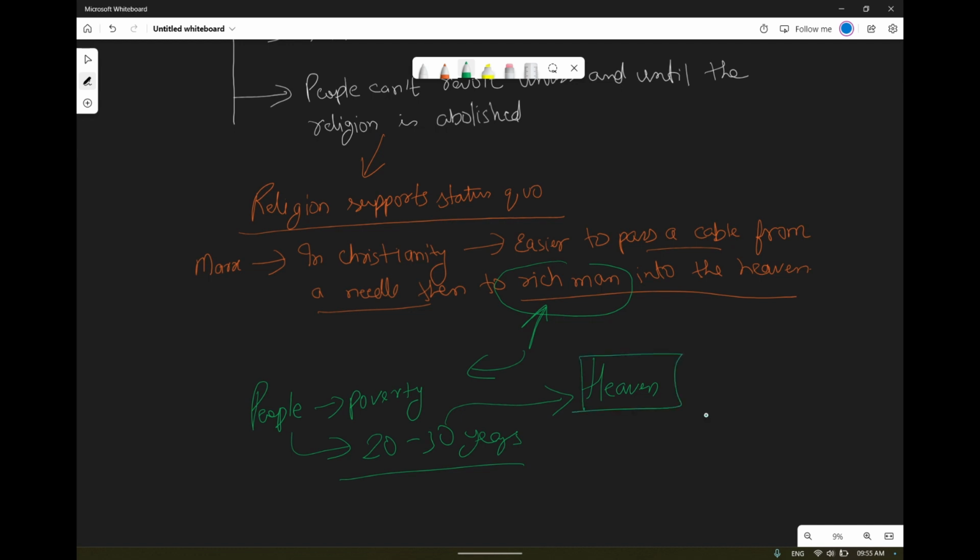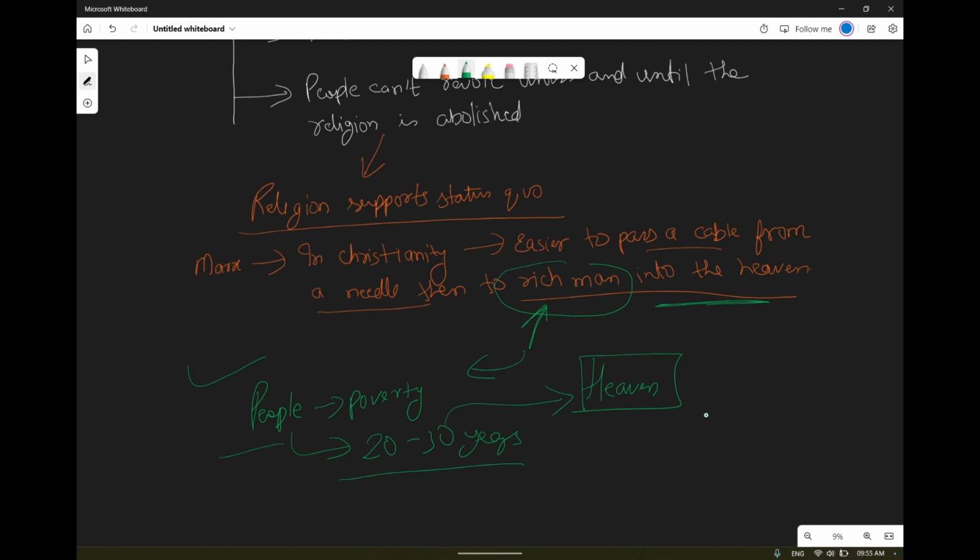This kind of manipulation happened, and that's why people are not going to revolt. People are comfortable in their zone, because they think, I'm in poverty, I'm facing inequality, but after death I'm going into the heaven. Those rich people are not going into the heaven.